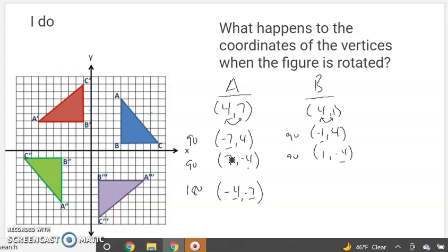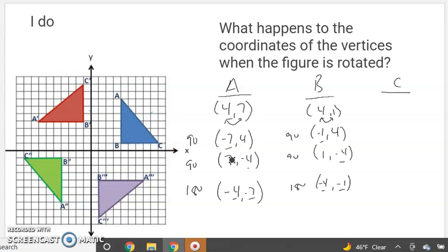I shouldn't say become negative over here, because if it was already negative, it would become positive. So one of them will change signs, either from negative to positive or positive to negative, and the other will not in a 90-degree rotation. In a 180-degree rotation, the new B here is at -4 and -1. So in a 180-degree rotation, all that happens is both coordinates flip signs, but they don't change spots.